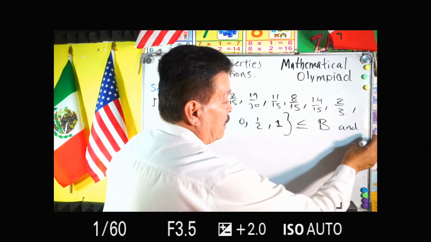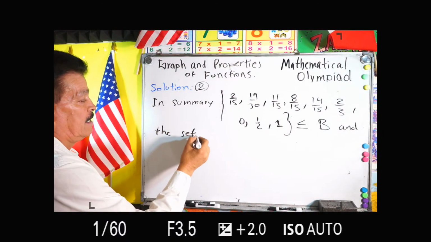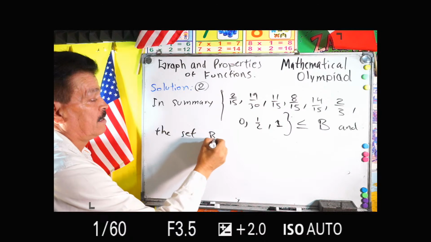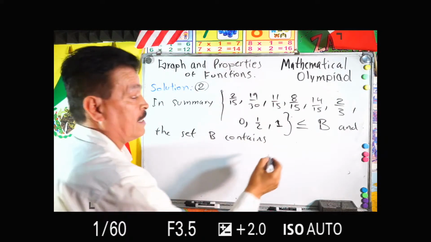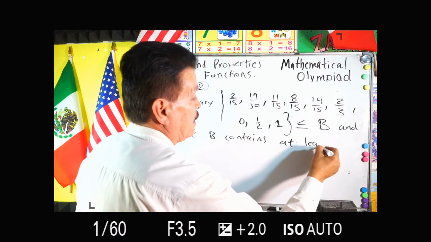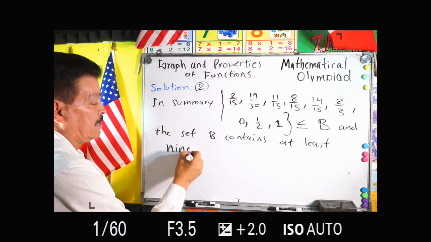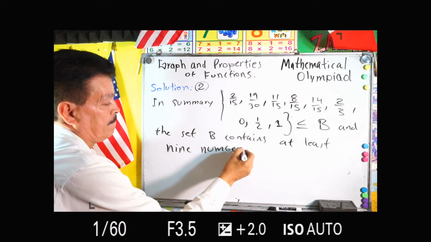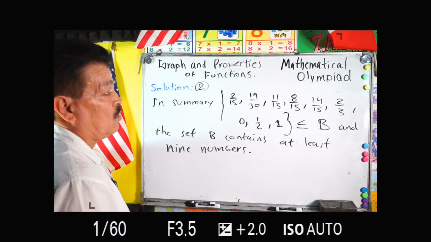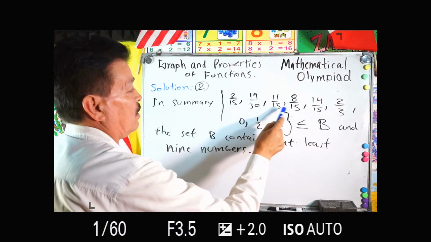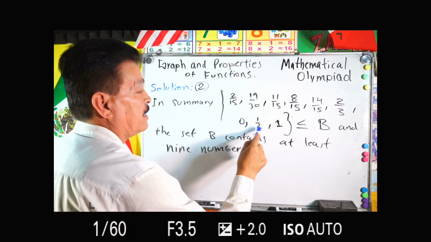And the set B contains at least 9 numbers. Remember the second question? See? So how many numbers? 1, 2, 3, 4, 5, 6, 7, 8, 9.